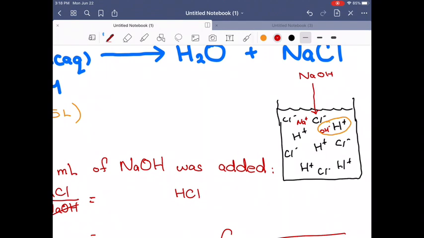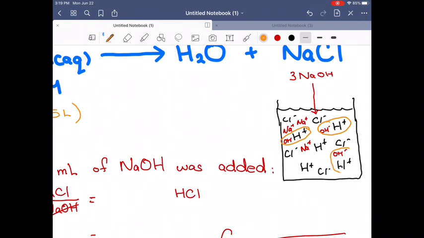Okay, so right now what happened? I don't know. Let's say I added 3 moles of this. So that means I added another Na plus, another OH minus, another Na plus, another OH minus. Because of that, I'm actually generating more water.